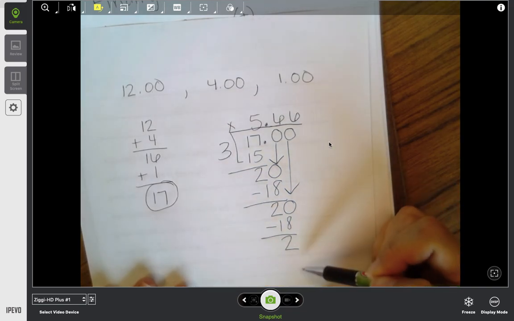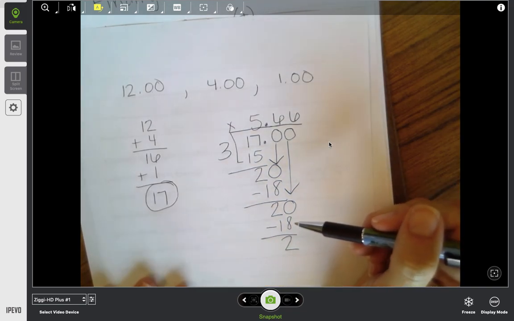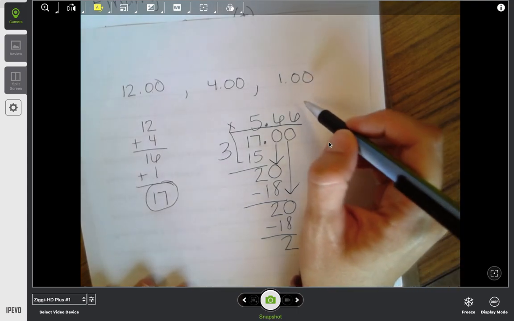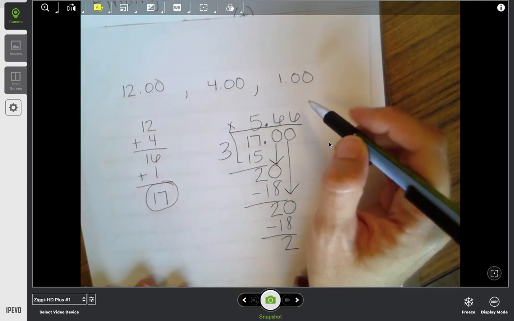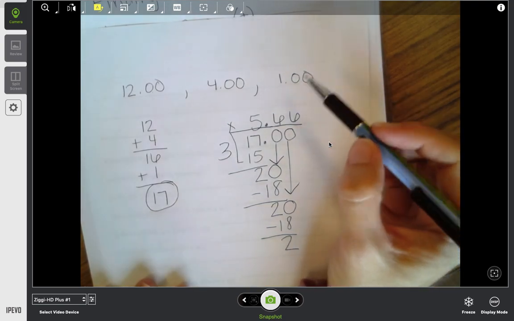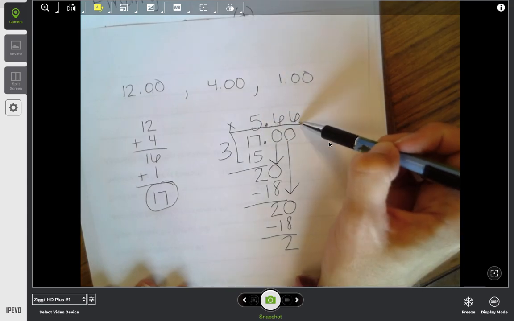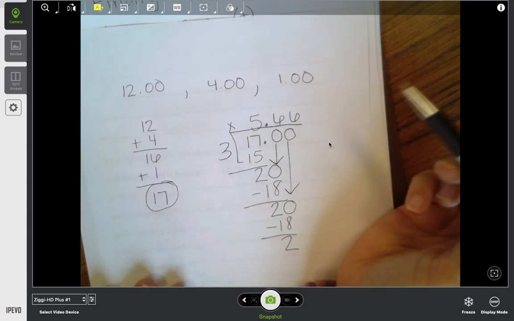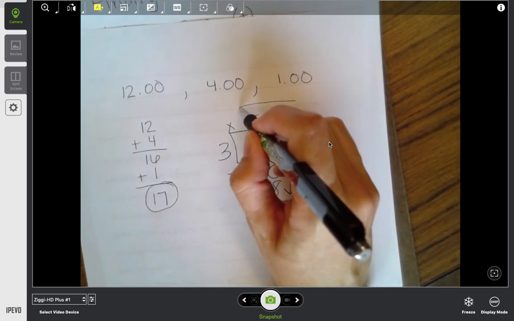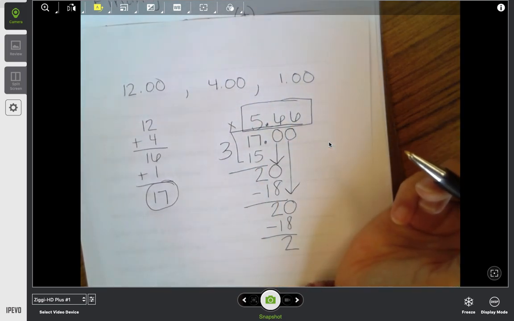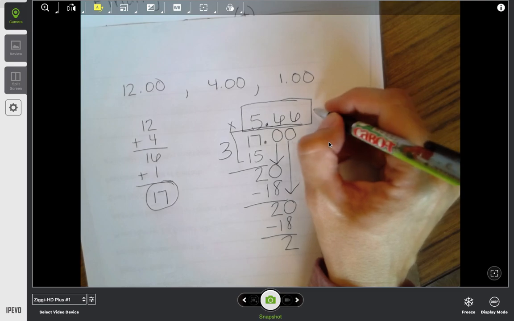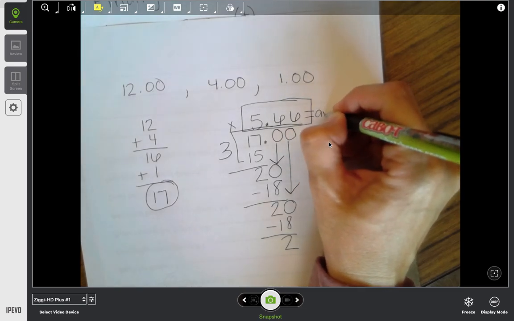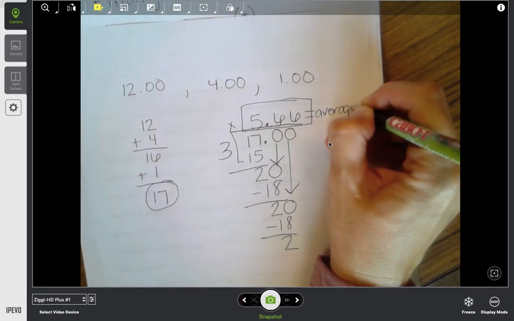And I can tell this is just going to keep going and going. So my average bank account is about $5.66. Okay. So that would be my average. My quotient equals the average.